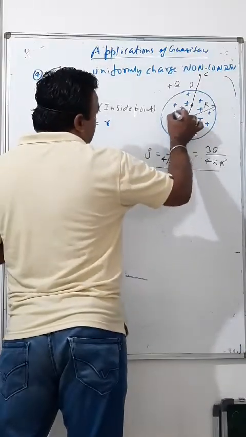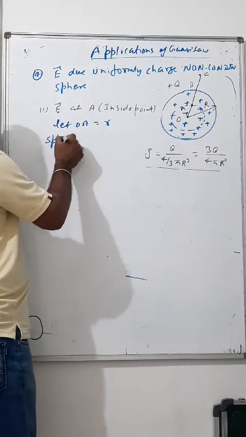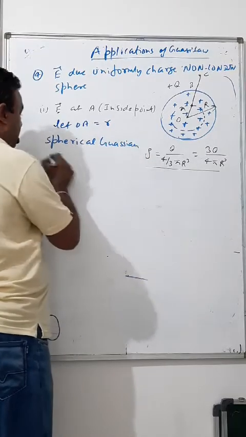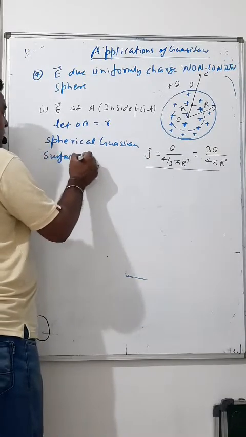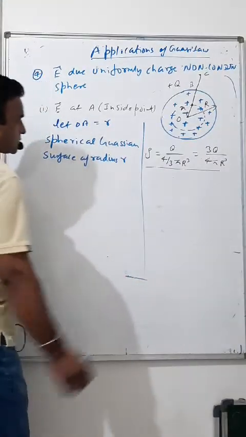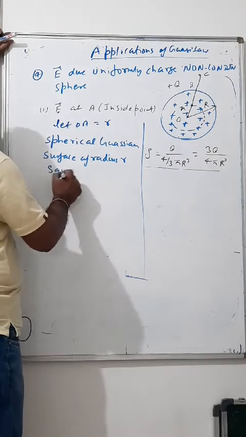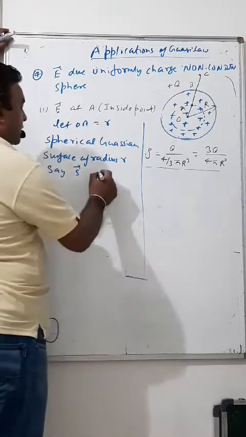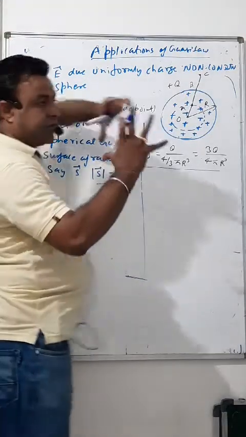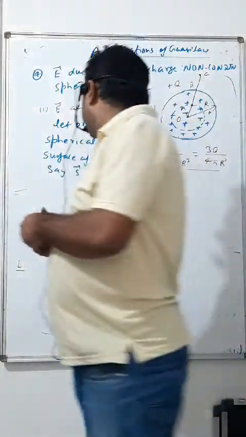Now, I assume a spherical Gaussian surface of radius r, say S vector. Of course, the magnitude of S will be 4 pi r square. It will be a sphere of radius small r, and its area is 4 pi small r square.